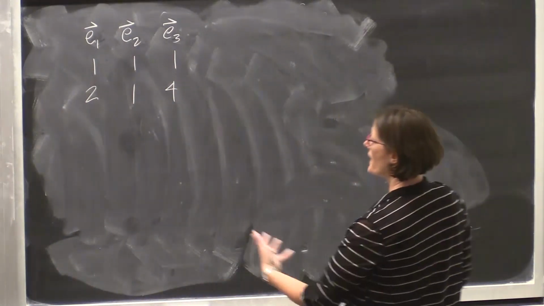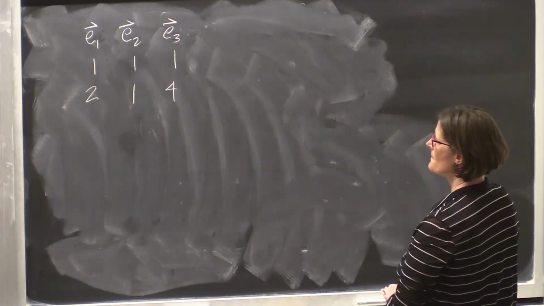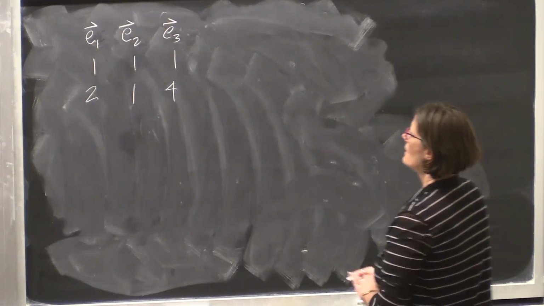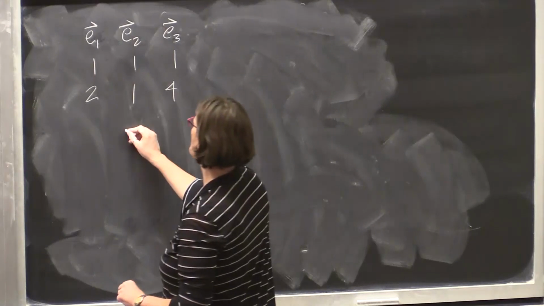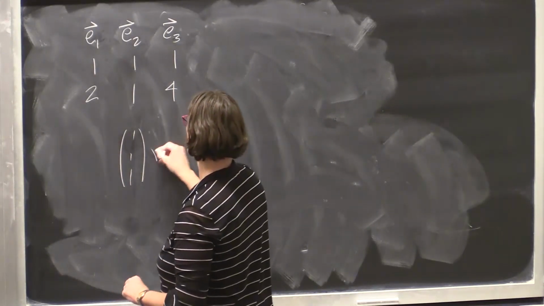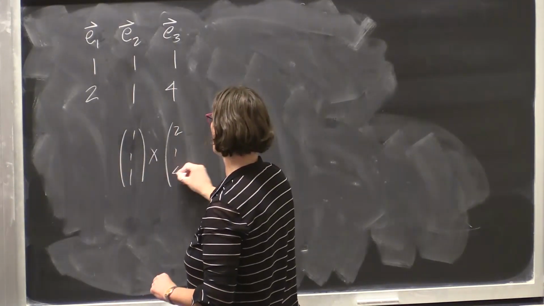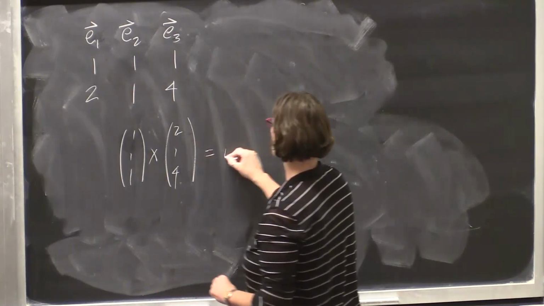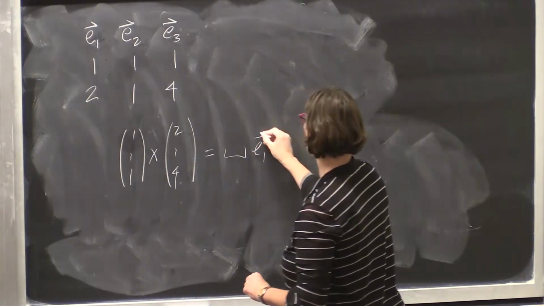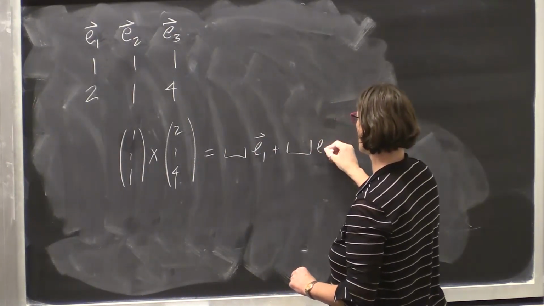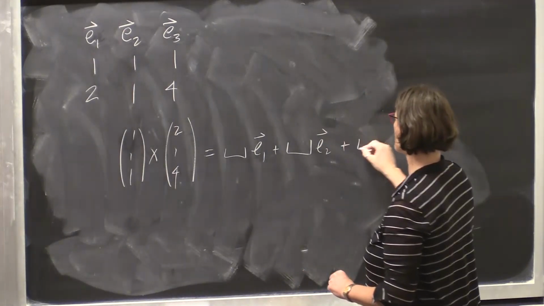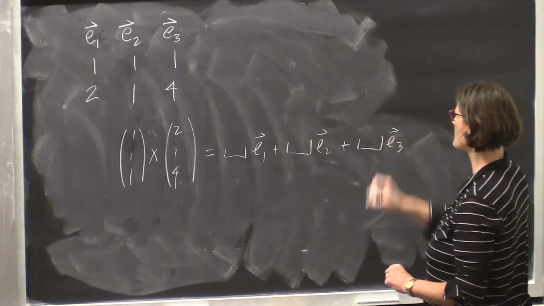So this is just a way of remembering a complicated formula. And we get that (1, 1, 1) cross (2, 1, 4) is something times E1 plus something times E2 plus something times the vector E3.